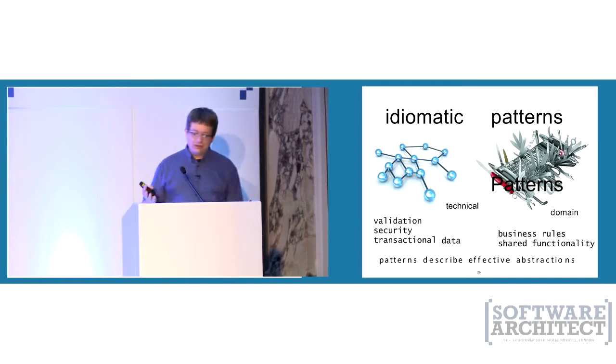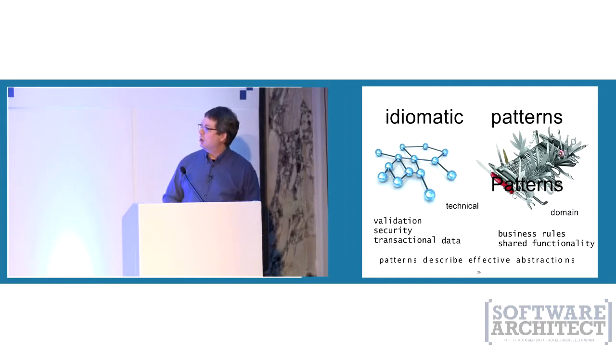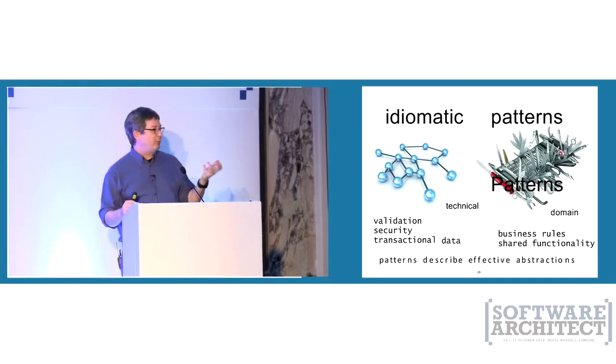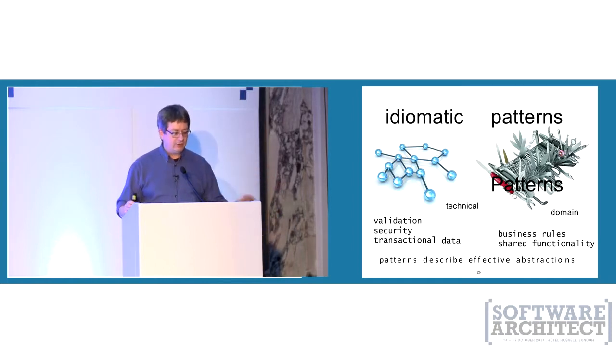Things like validation, security, and transactional boundaries are technical idiomatic patterns. Things like business rules and shared functionality are domain idiomatic patterns. Used in this way, when we say patterns, we're really describing effective abstractions: I've solved this particular problem, and I'd like to leverage the solution the next time we encounter it. Not formal enough to write a book about.